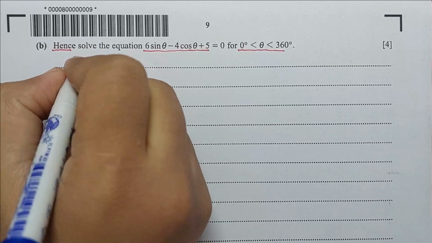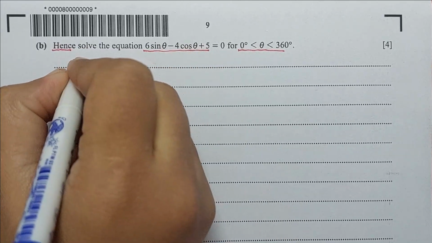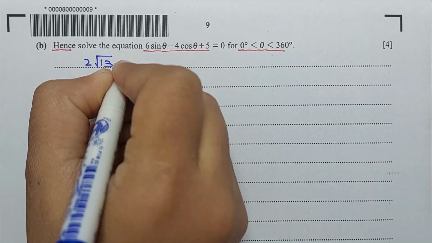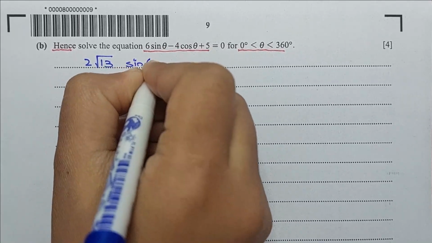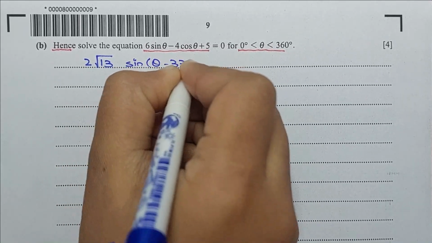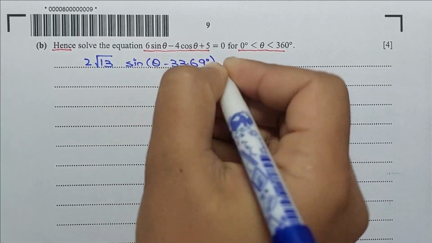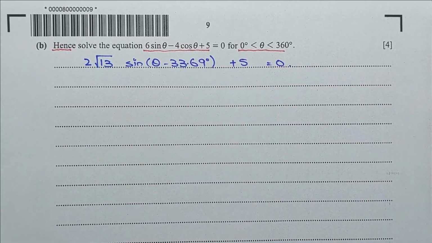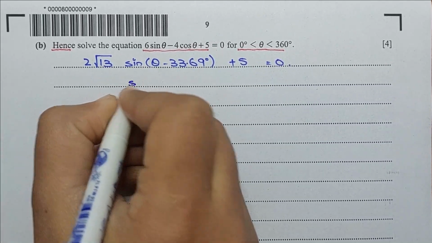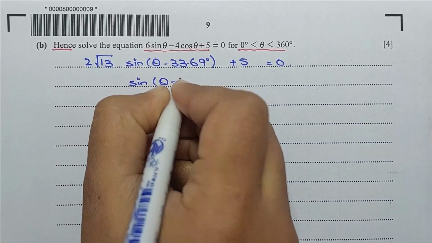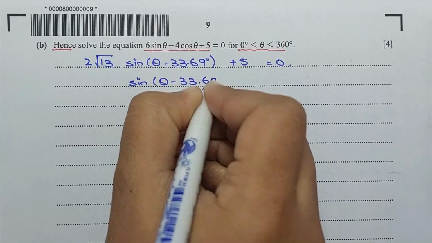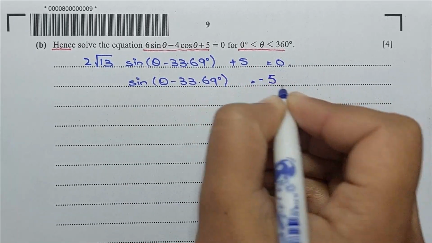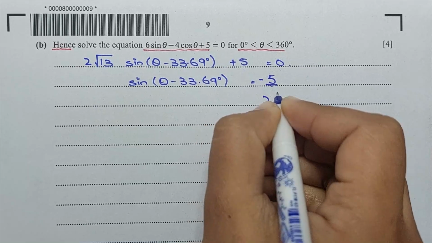So here we can say 6 sine theta minus 4 cos theta is 2 root 13 sine of theta minus 33.69 degrees, and plus 5 would be equals to 0. Now we can just simplify. Here we can say sine of theta minus 33.69 degrees would be equals to, shift the 5 on the other side, it becomes negative 5, and divide by this term, which is 2 root 13.